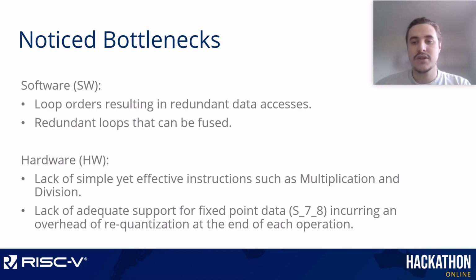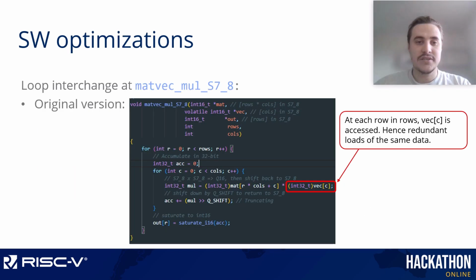From the hardware side, we can see a lack of simple yet effective instructions such as multiplication and division, and also a lack of adequate support for fixed point data, incurring an overhead of requantization at the end of each operation.